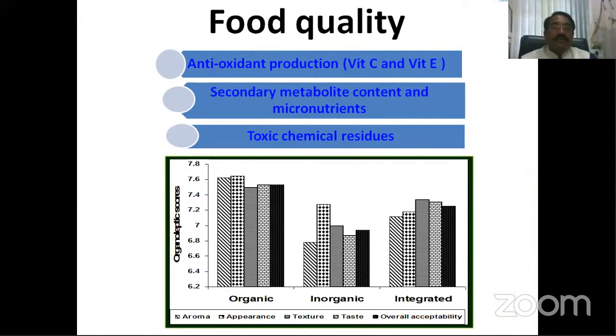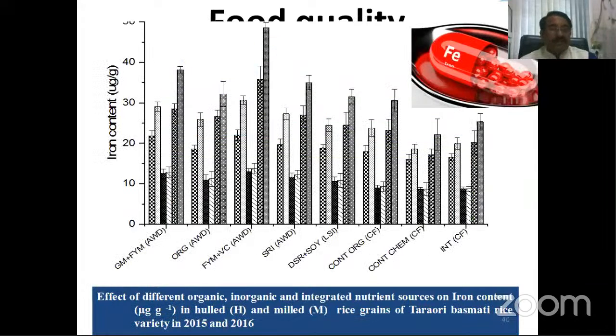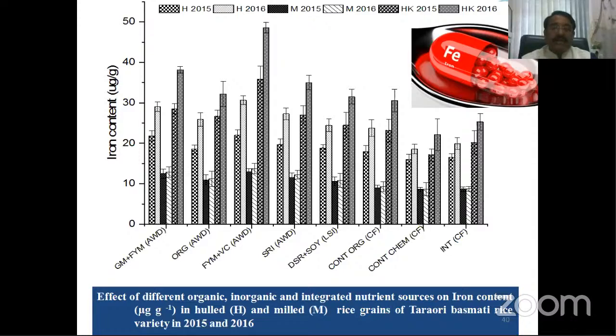If we see the food quality, we have seen in basmati rice that organoleptic properties, aroma, appearance, texture, taste, and overall acceptability are better. So quality wise, this is also sustainable. Not only that, iron content: there are several organic treatments, and the last one is inorganic.